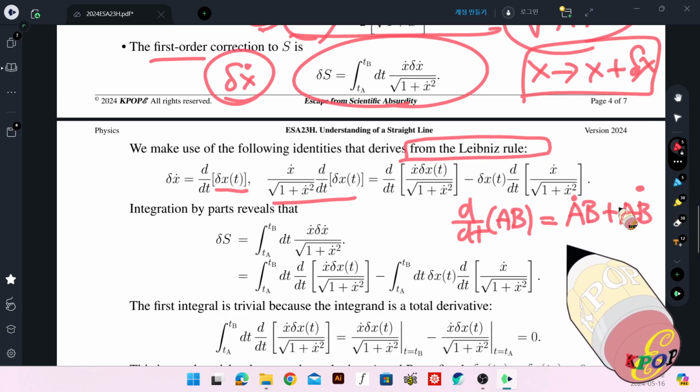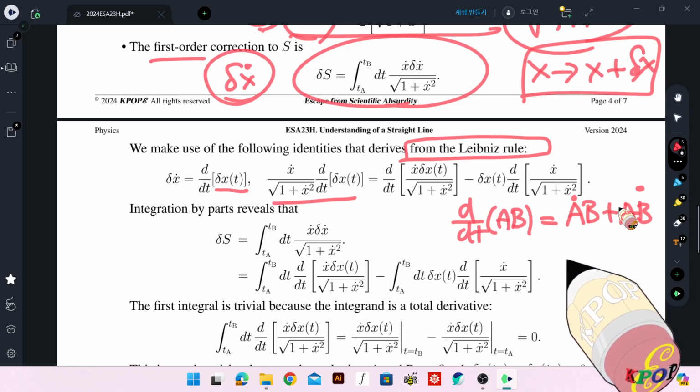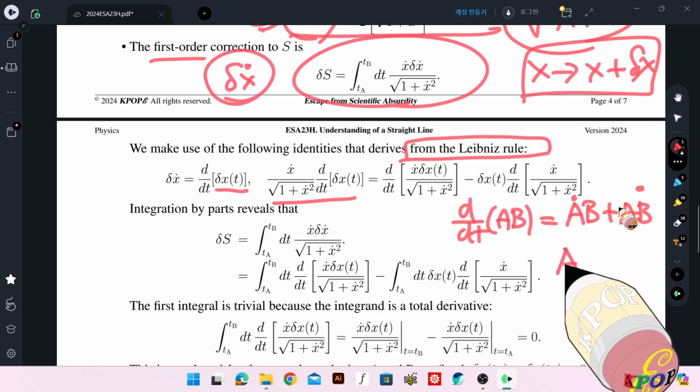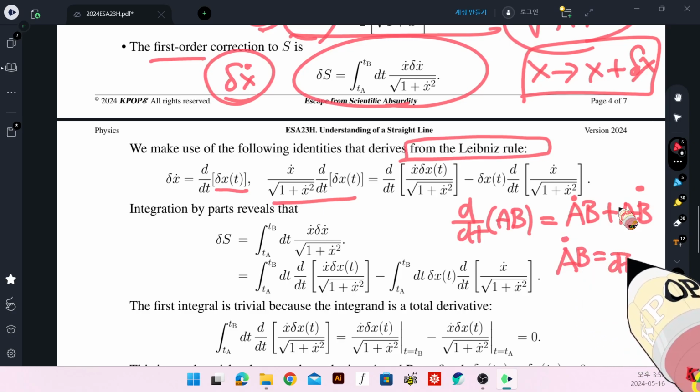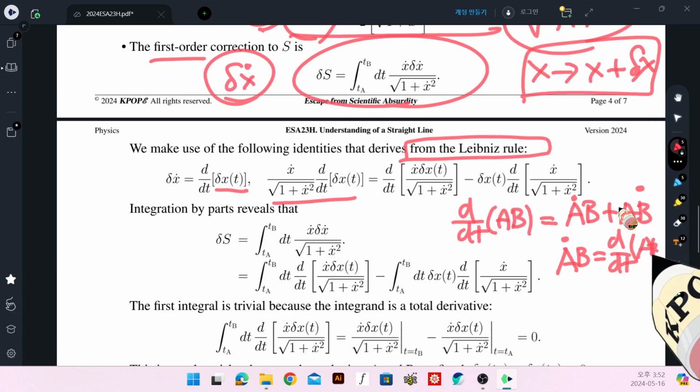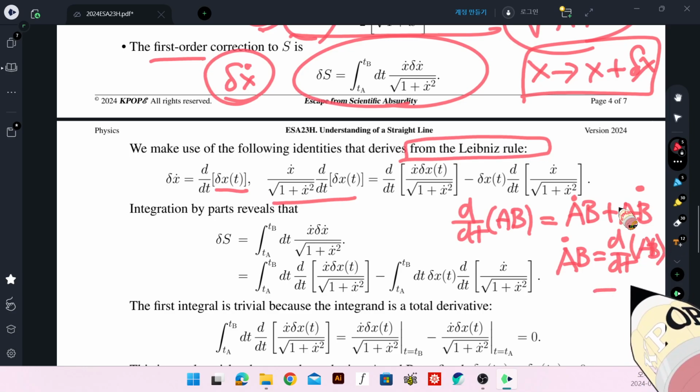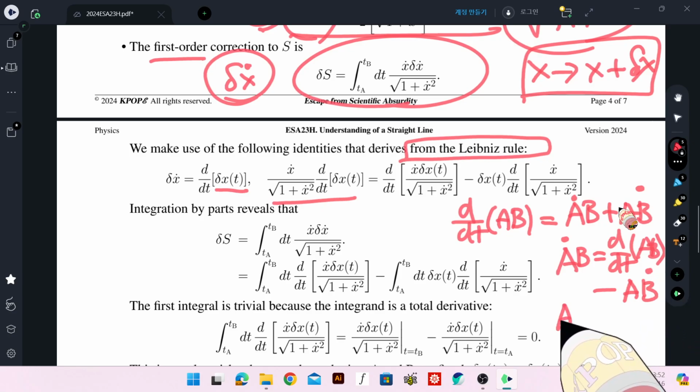Therefore, a dot b equals the time derivative of ab subtracted by ab dot, something like that. Here, I can choose a equals delta x and b equals x dot over square root 1 plus x dot squared.